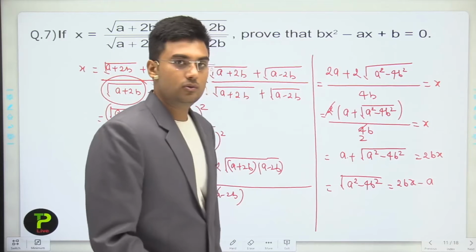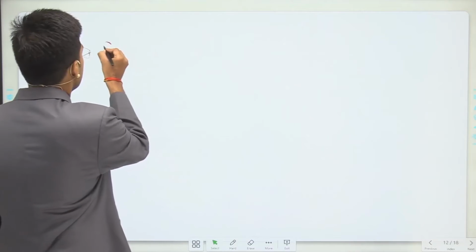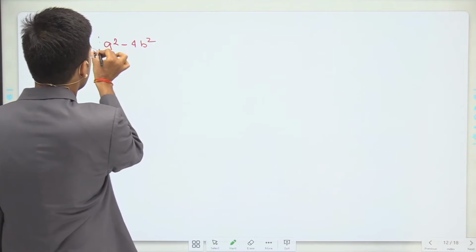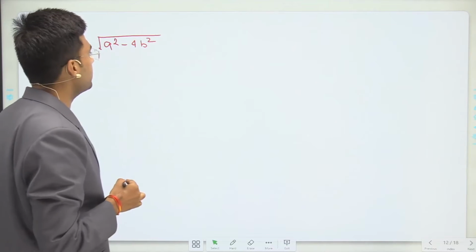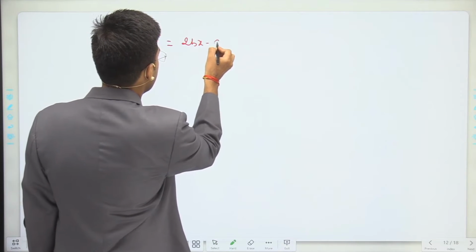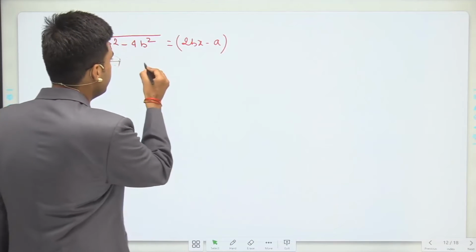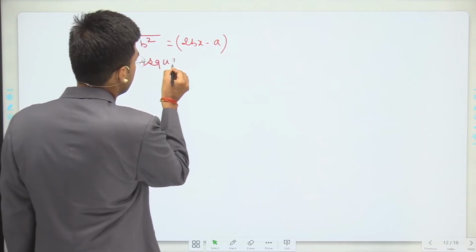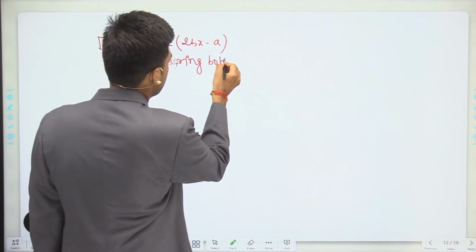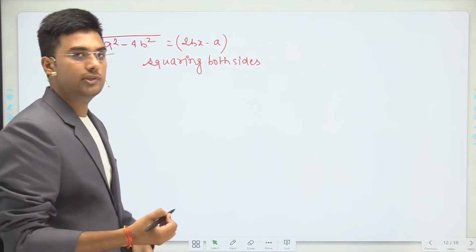Okay, so now when we solve this, what will we get? Root a square minus 4b square is equal to 2bx minus a. Now when we square both sides, what will we get?